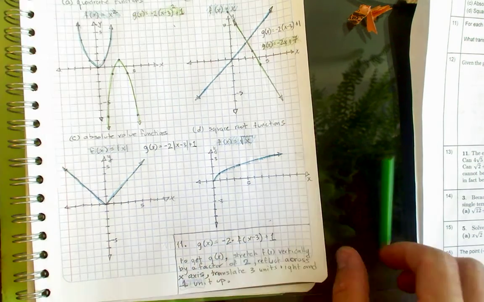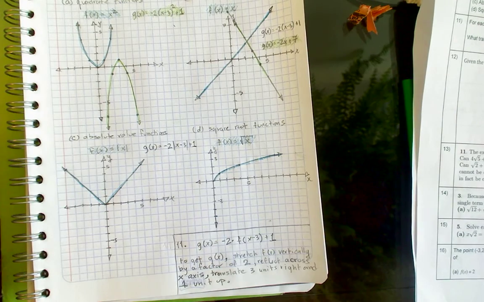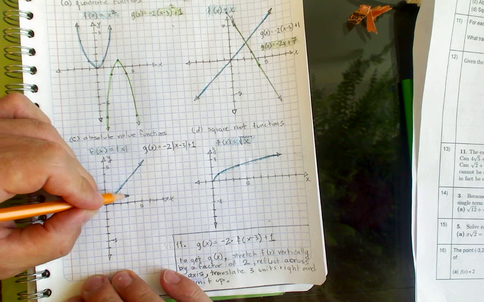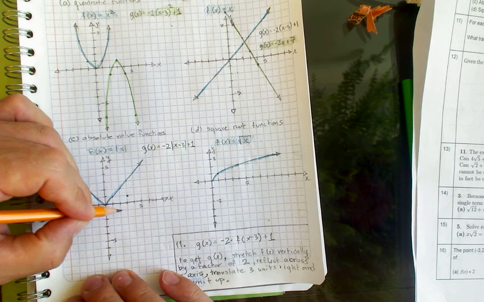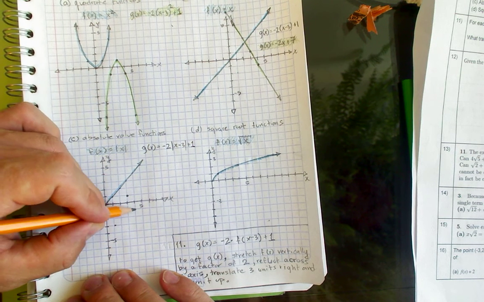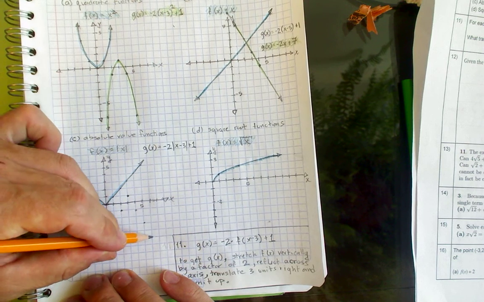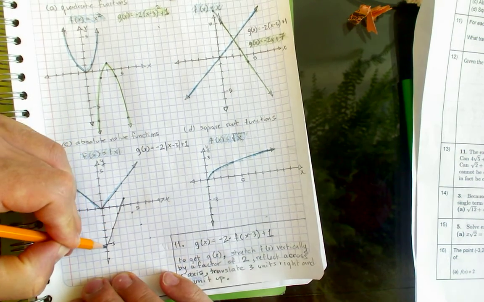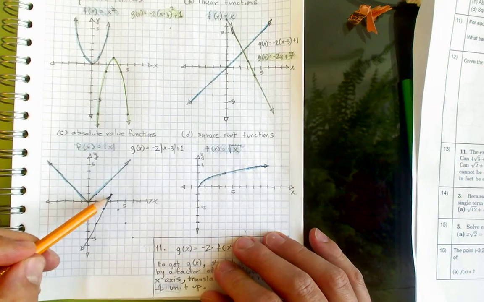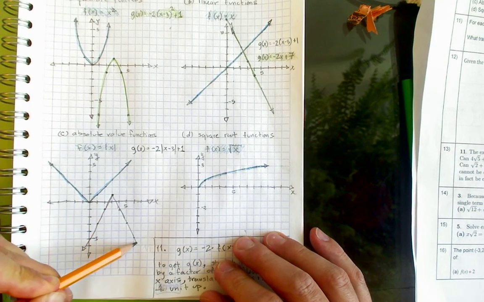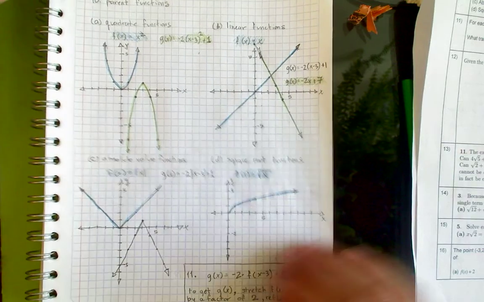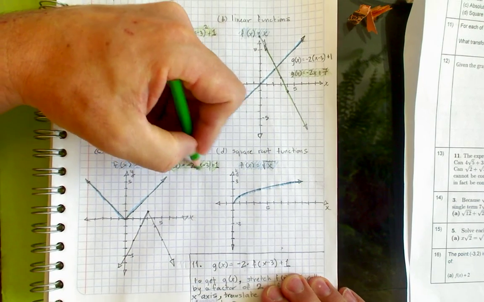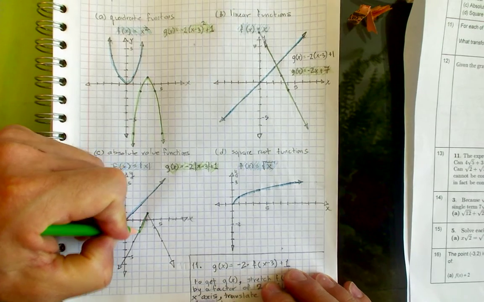And now you should recognize this from our unit on absolute value functions, that my vertex is going to be at (3, 1). And then I'm going to stretch this and reflect it so that it's pointing downwards, and I get this function. And again, we'll use the green to represent our transformed functions. And there's one more to go.